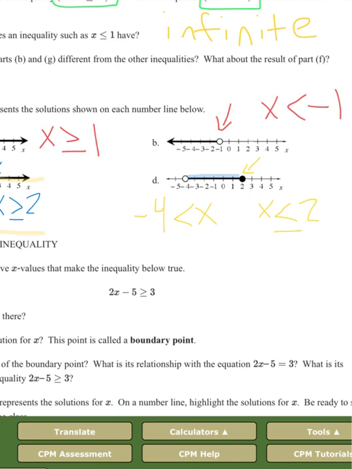So it's not just that it has to be bigger than negative 4, it also has to be less than or equal to 2. It's not just that it has to be less than or equal to 2, it also has to be bigger than negative 4. So this one, you're actually going to combine them and say that x has to be bigger than negative 4, and also it has to be less than or equal to 2.